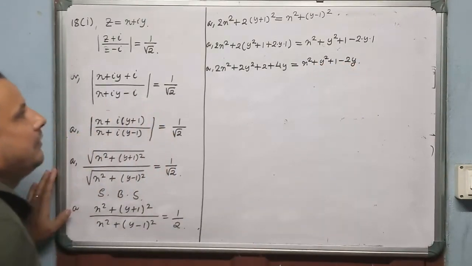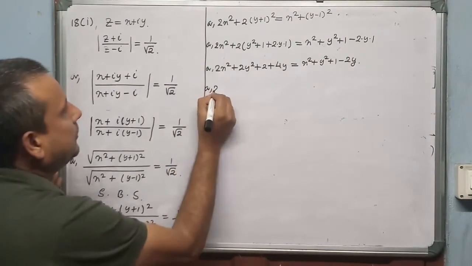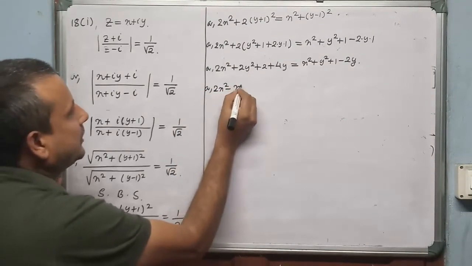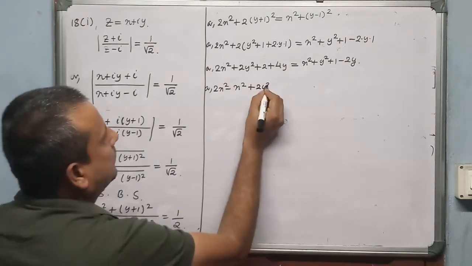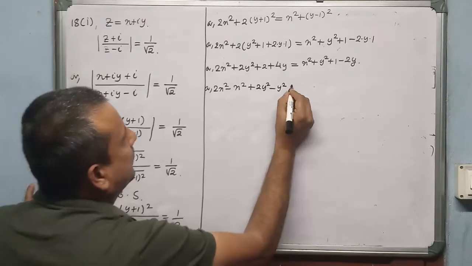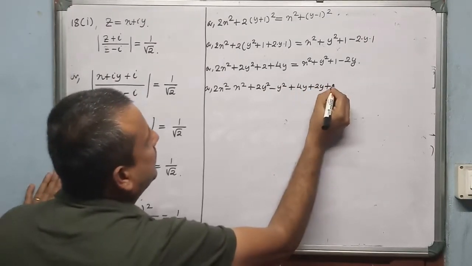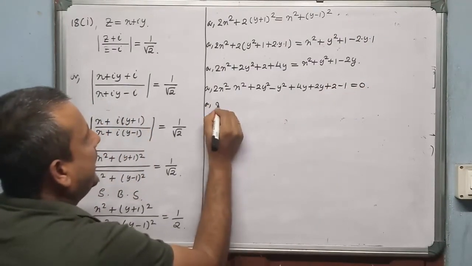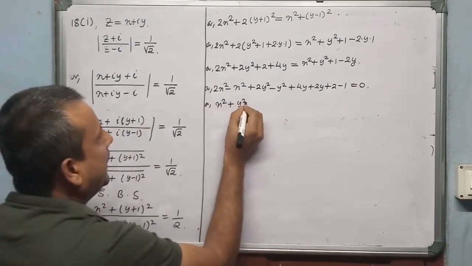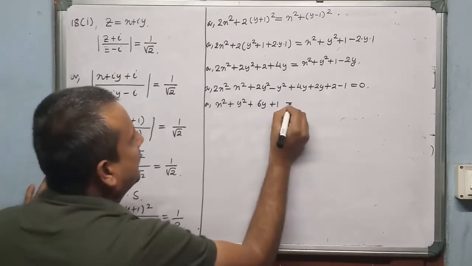Now I'll write everything on one side: 2x square minus x square, plus 2y square minus y square, plus 4y plus 2y, plus 2 minus 1 equals 0. So it is x square plus y square plus 6y plus 1 equals 0.